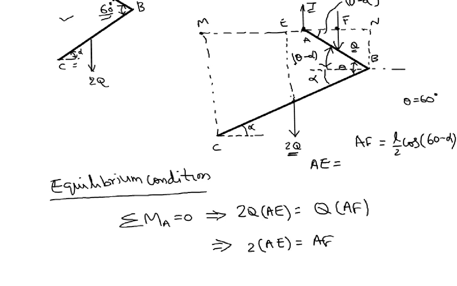AE we will write as NE minus AN, and NE you can very clearly see is L cos alpha, minus AN.